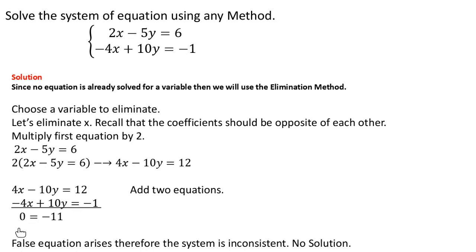When this happens, when you're solving a linear system and you do not get a true statement, meaning that this is not equal to that, then that means there is no solution, and that this is an inconsistent system. This means that these two lines never intersect. They don't cross. Okay? All right.